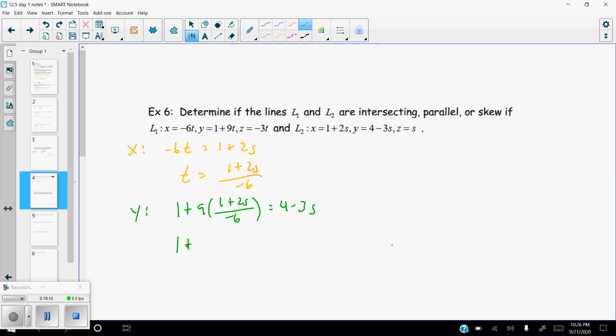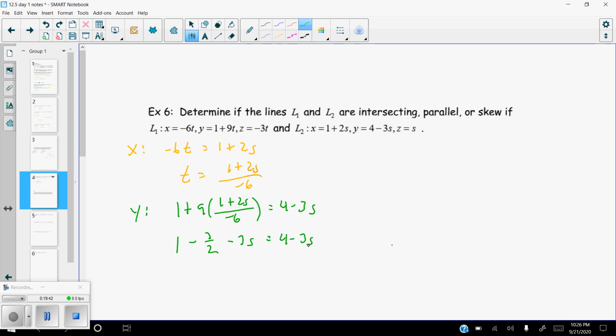Here we're going to have 1 plus, if we multiply this thing out, I'm going to try and do this all in my head. If I distribute the 9, I'm going to get 9 over negative 6, which is negative 3 halves. So let's do minus 3 halves. And then 18 over negative 6 is minus 3. So minus 3s equals 4 minus 3s.